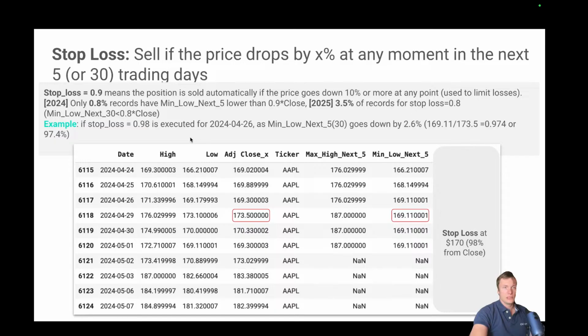So let's assume that stop loss equals 0.9, and it was about 1% of records that had losses more than 10% last year. And if you define a stop loss of 0.8, that is minus 20%, for the longer prediction interval, that is 30 trading days, you will have 3.5% of records statistically where this stop loss might happen.